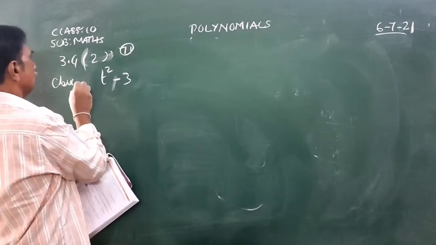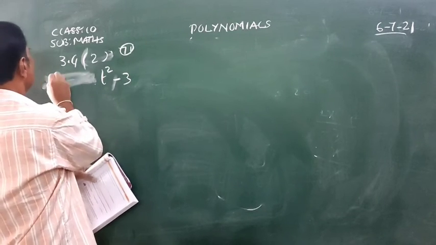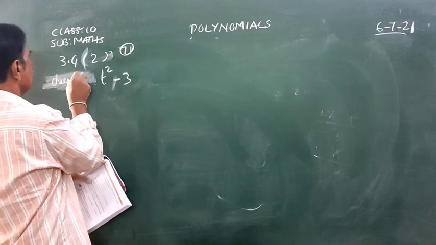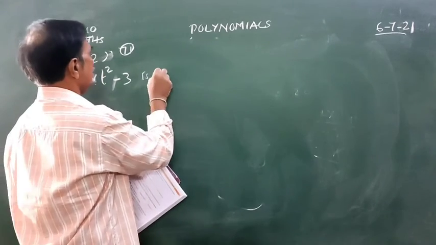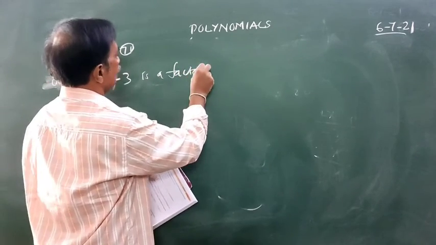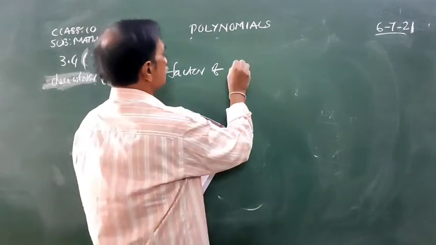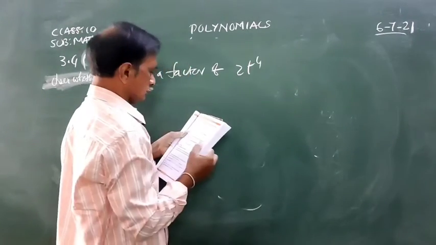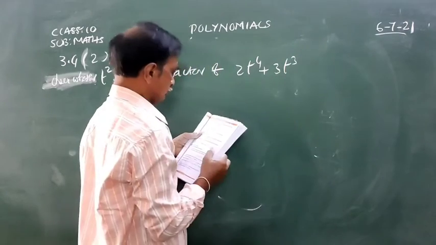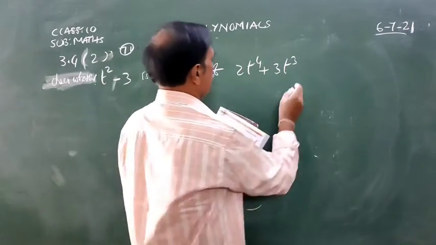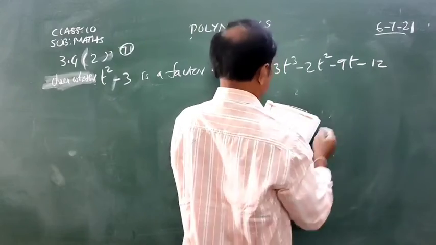Check whether t square minus 3 is a factor of the second polynomial 2t power 4 plus 3t cube minus 2t square minus 90 minus 4.